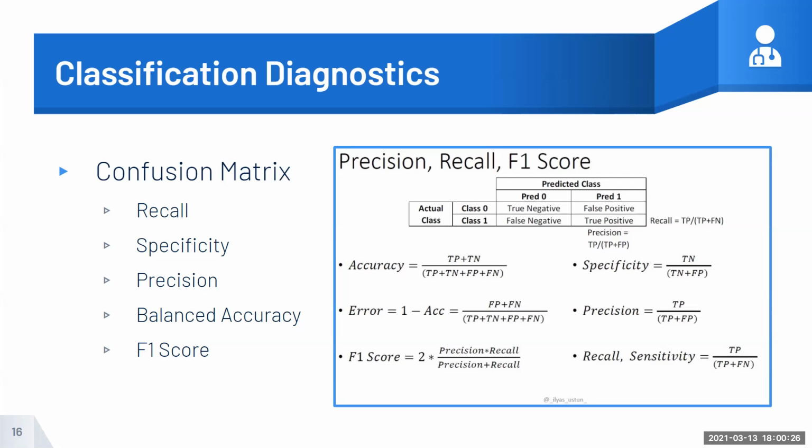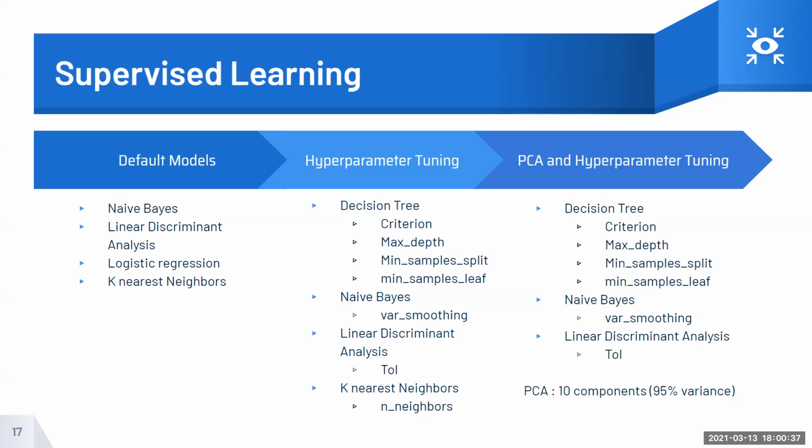And to compare the results of the classification models, we computed the recall, specificity, precision, balanced accuracy, and F1 score for each of the models and used the highest average score between all metrics to determine the best model. For each of these supervised learning and other models, we created a heat map and line plot to compare the results.